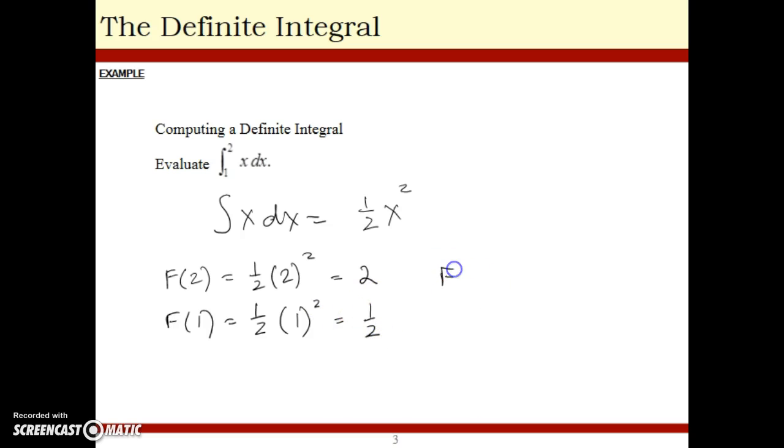So we're going to say f of 2 minus f of 1, which is 2 minus 1/2, which is 3/2. So 3/2 is the integral of x dx from 1 to 2. Pretty straightforward.